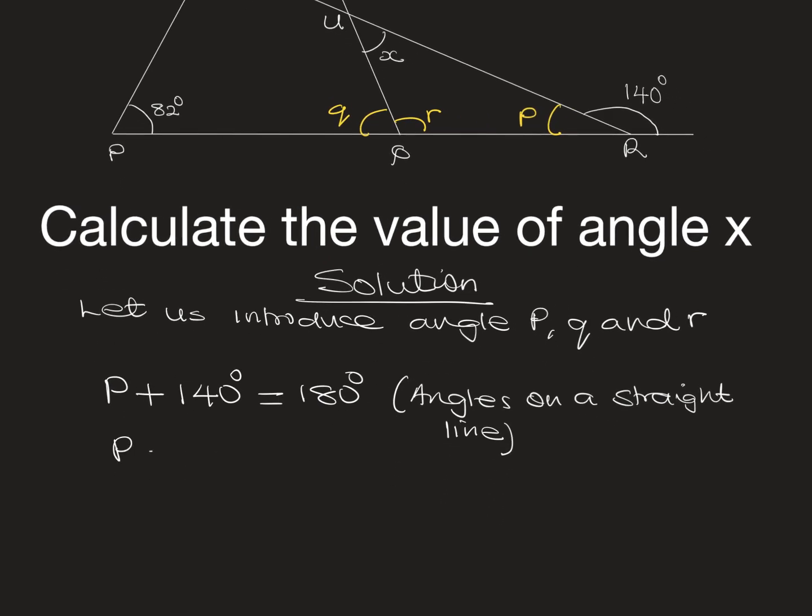So that will be P is equal to 180 degrees minus 140 degrees. P is equal to 40 degrees.